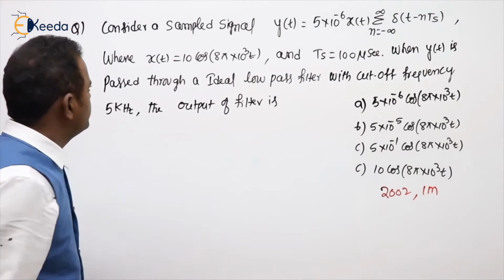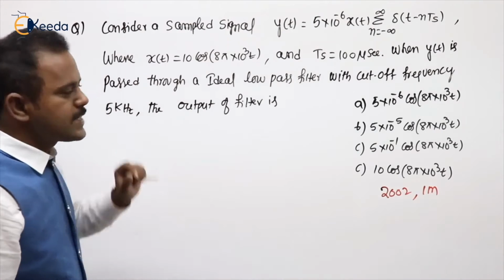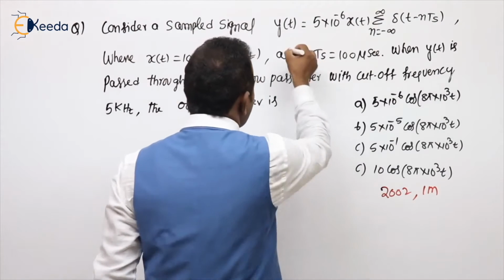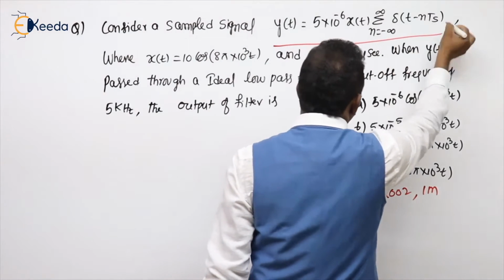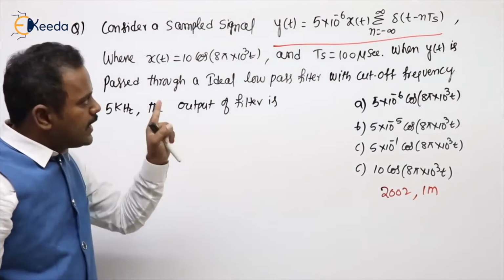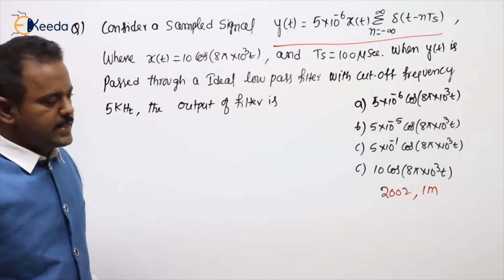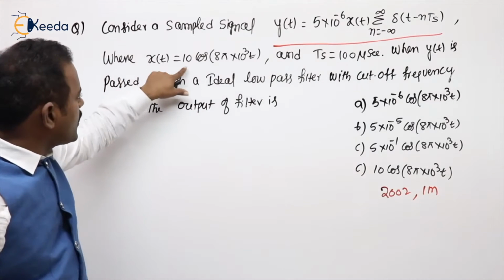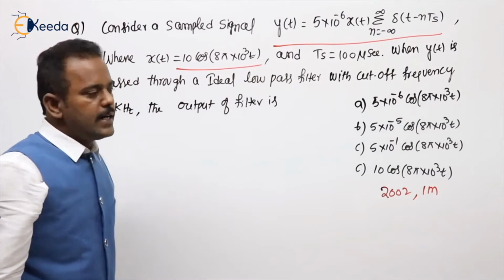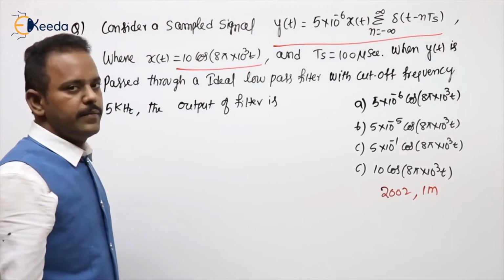See the next problem. Consider a sampled signal y of t equal to 5 into 10 power 6 x of t into summation from minus infinity to plus infinity delta of t minus nTs, where x of t equals 10 cos 8 pi into 10 cube t and Ts value is 100 microsecond.